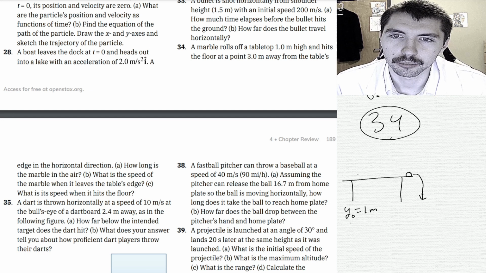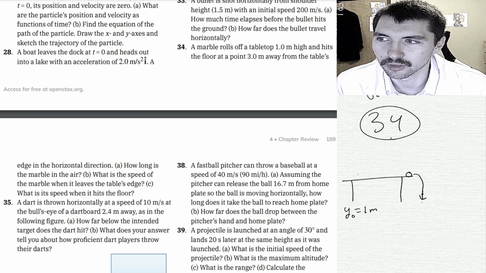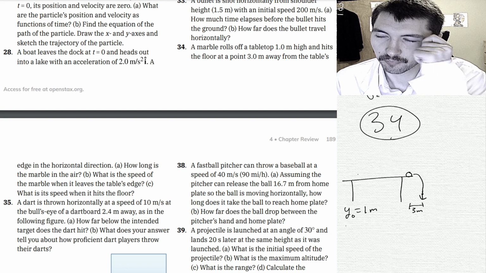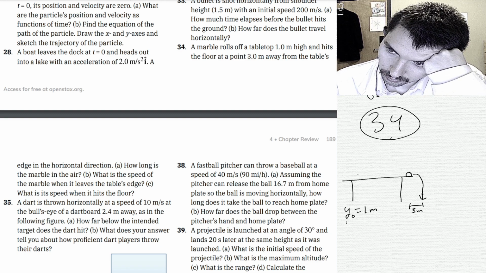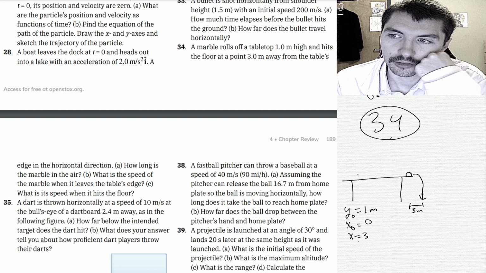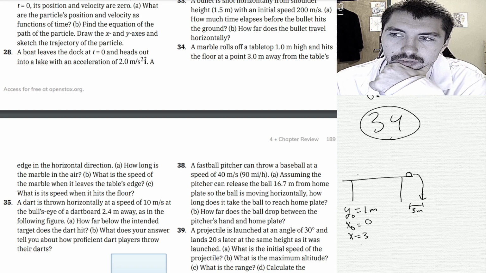It hits the floor at a point 3 meters away. Okay, so y naught is 0, x naught is 0, x is 3. I think that's what this is saying.